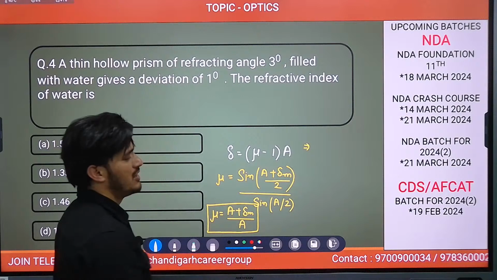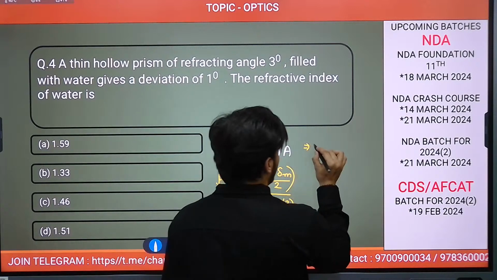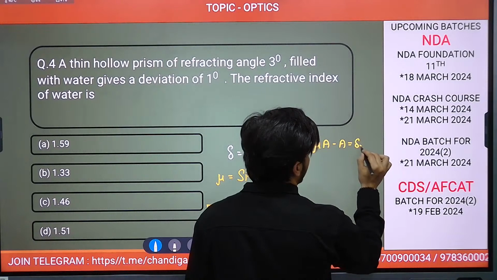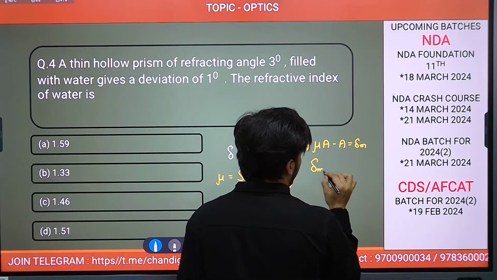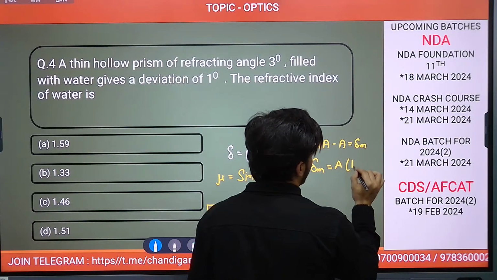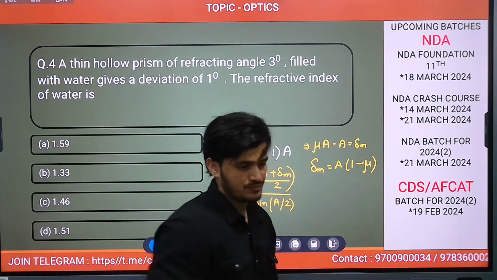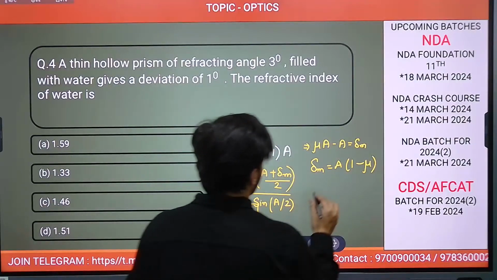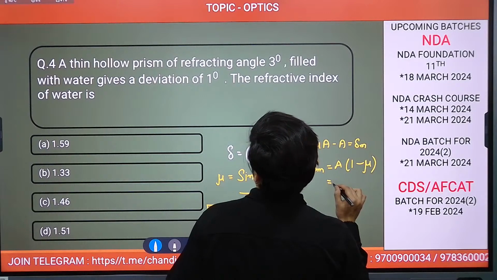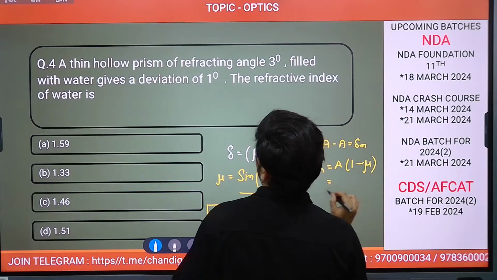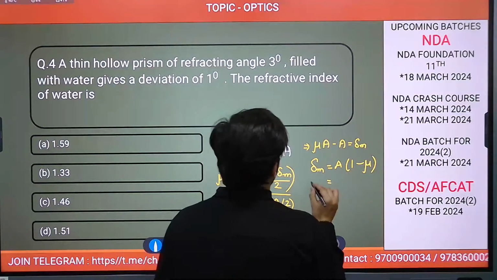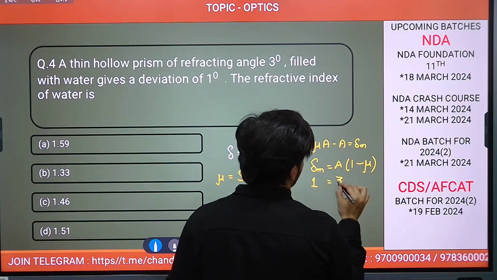यहां से आप del m की वैल्यू भी निकाल सकते हैं. This will be mu A minus A is equals to del m, and del m आपके पास आ जाएगा 1A into 1 minus mu. So all the values are given in the question. So we'll just put it. A thin hollow prism of refractive angle 3 degree gives a deviation of 1. So we have del is 1, A is 3.